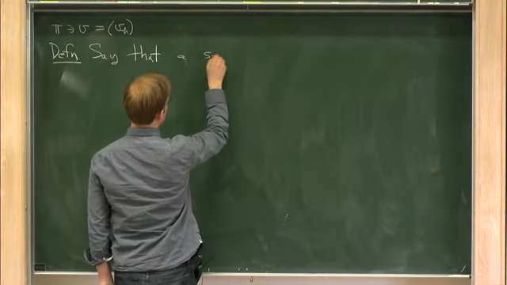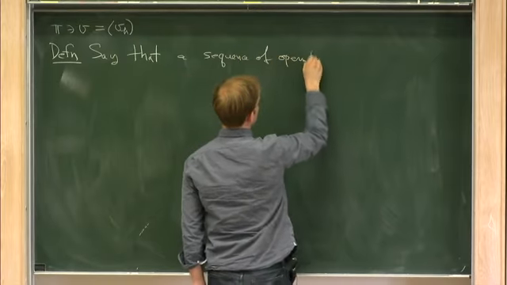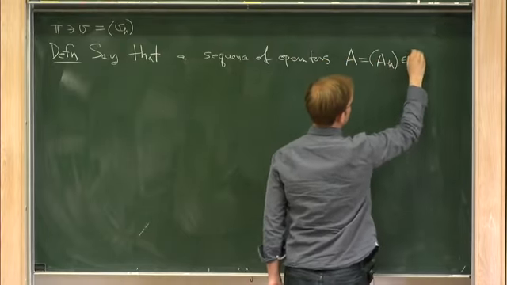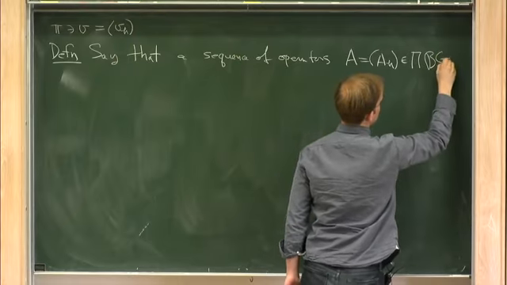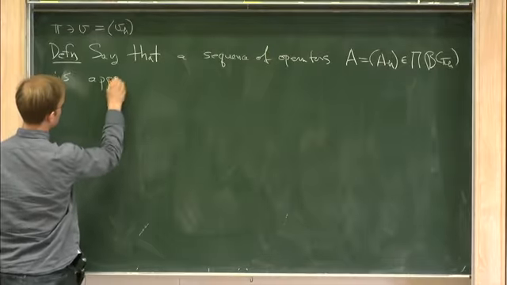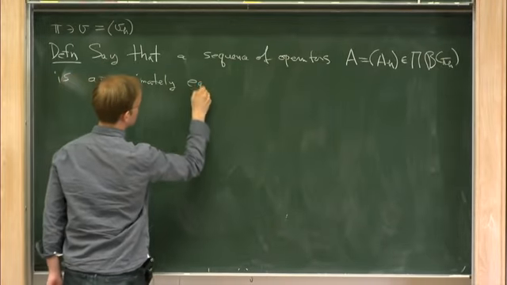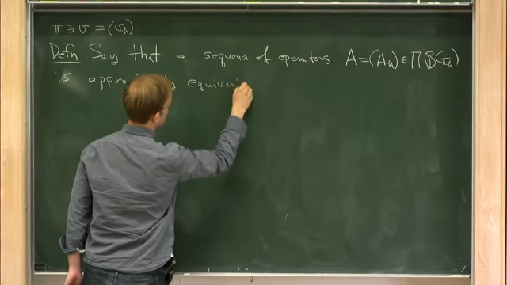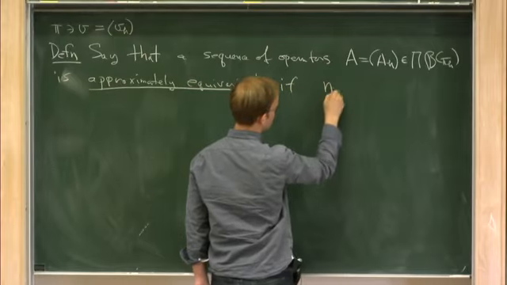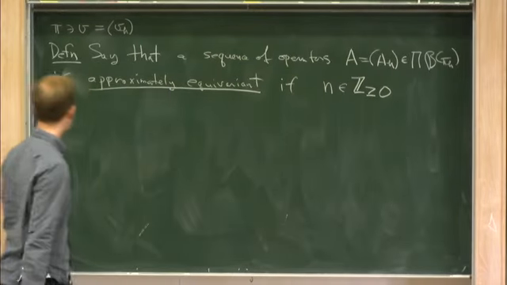So we'll say that a sequence of operators acting on the various pi h's is, let's say, approximately equivariant if the following estimate holds for all non-negative integers.